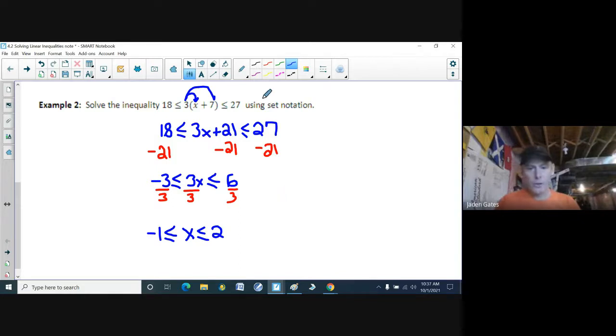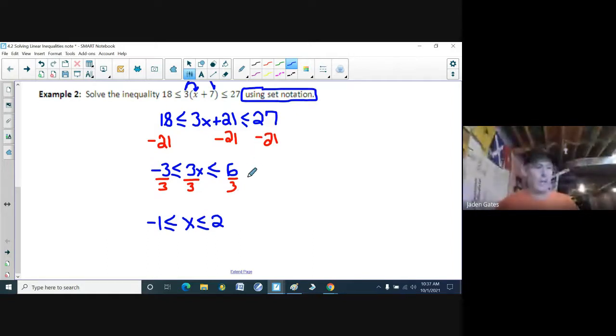Using set notation, that's what we've got going on here: negative 1 is less than or equal to x, but x is also less than or equal to 2. So that is solving the inequality, the bounds for x.